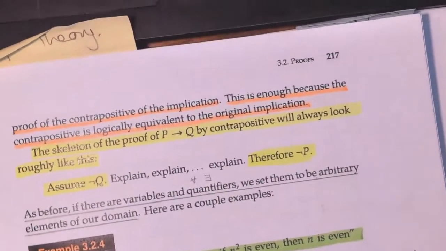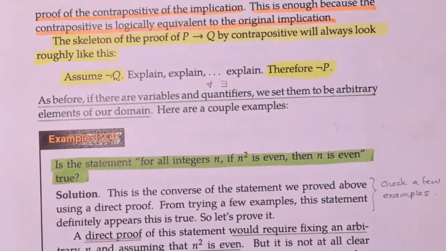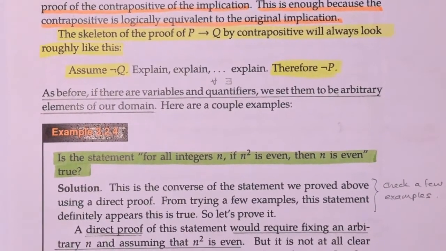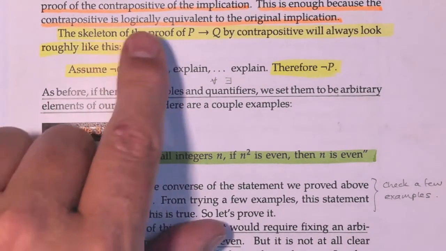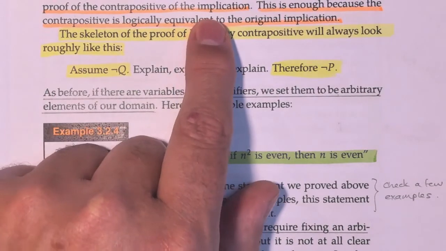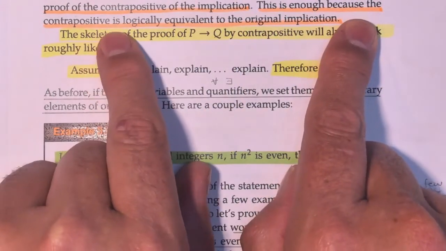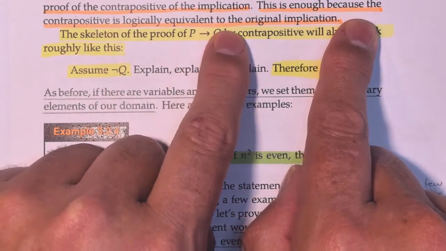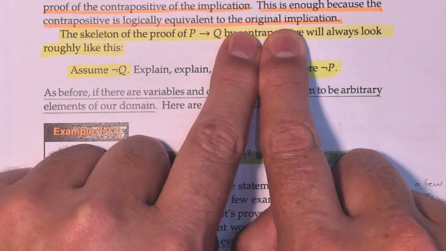Let's look at that statement at the top of the next page. It gives a direct proof of the contrapositive of the implication. This is enough because the contrapositive is logically equivalent to the original implication.